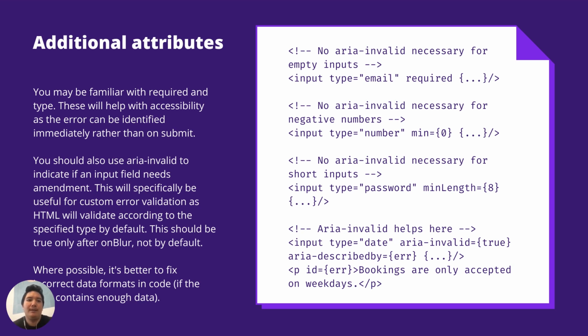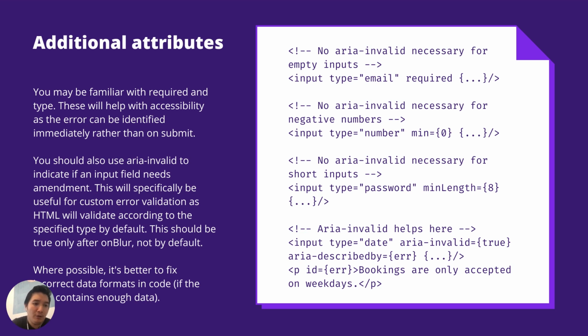Additional attributes. You may be familiar with required and type. These will definitely help with accessibility, as the error can be identified immediately rather than on submit. That's going to be really important as well. There's a big emphasis on being able to track and identify errors early. You should also use ARIA invalid to indicate if an input field needs amendment. This will be specifically useful for custom error validation, as HTML will validate according to the specified type by default.